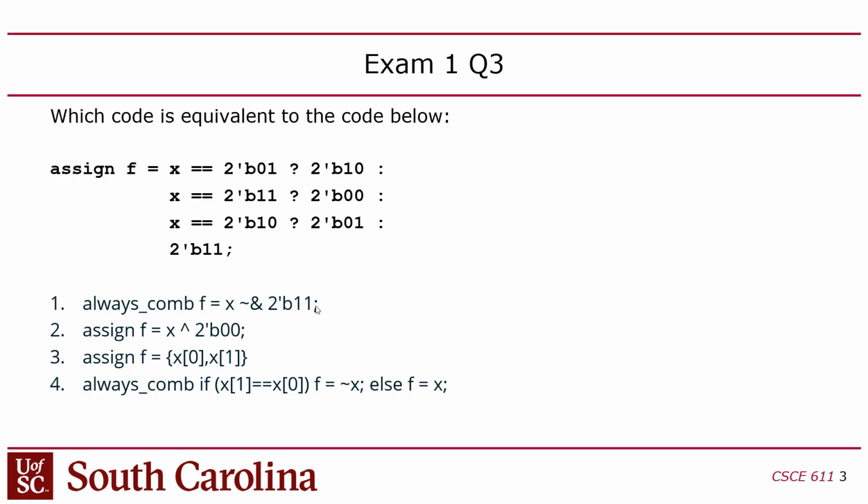Likewise, if you XOR with 1, 1, it will also complement it, right? You guys follow that? Does it make sense? So this is kind of a 211 question in a way. But the point is that I think the synthesizer will generate the same hardware for both statements.